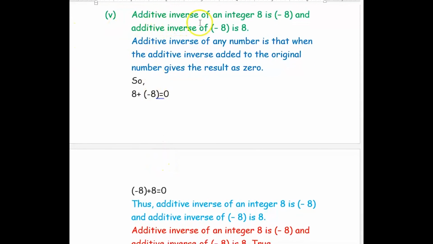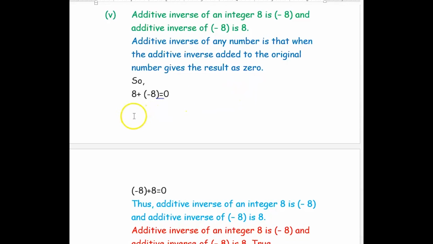The additive inverse of an integer 8 is minus 8 and the additive inverse of negative 8 is 8. The additive inverse of any number is the number that, when added to the original number, gives the result 0. This is the definition of additive inverse.